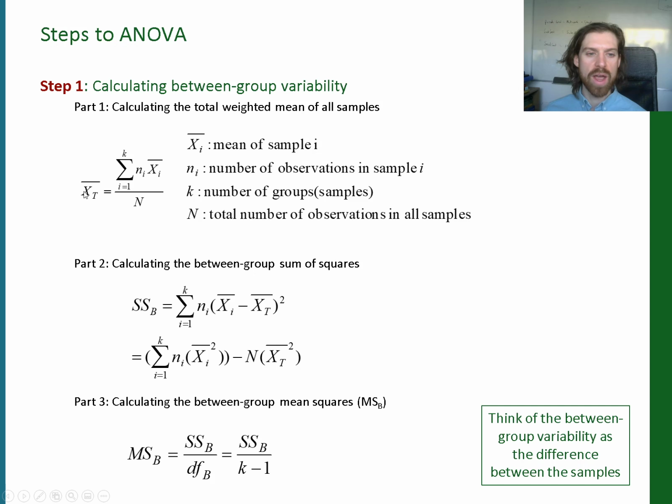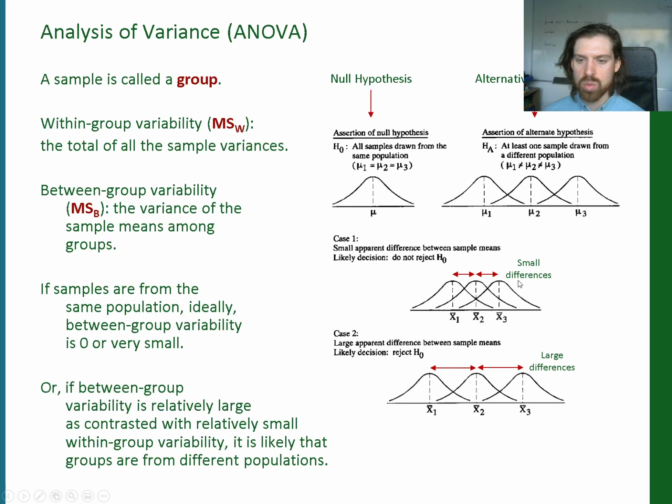Once we've got x bar t, we'll do this calculation step by step later on, we take it down into part 2, where you can see the x bar t just here. In part 2, we calculate the between group sum of squares. When we say between group, think of this as the variability of the difference between the different samples, this distance here where we've got the red arrows.